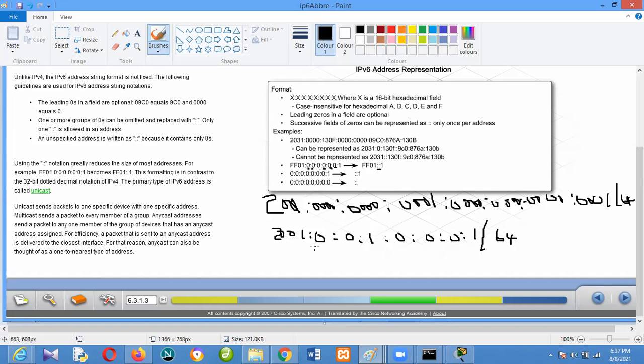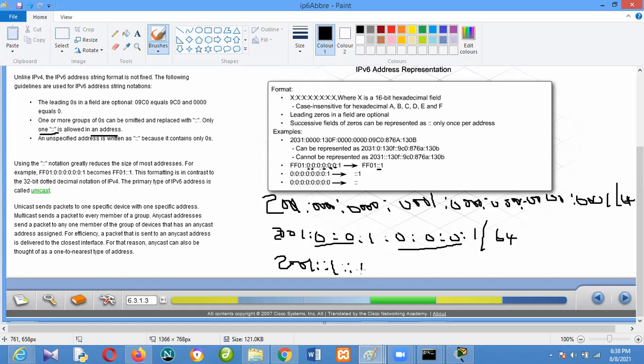But if you look at this place now, I have a successive field of 0 here, and I also have successive fields of 0 there. And they are saying that only one is allowed in one address. You can't have 2 double colons in one address. So I can't have this double colon here and also have another double colon.